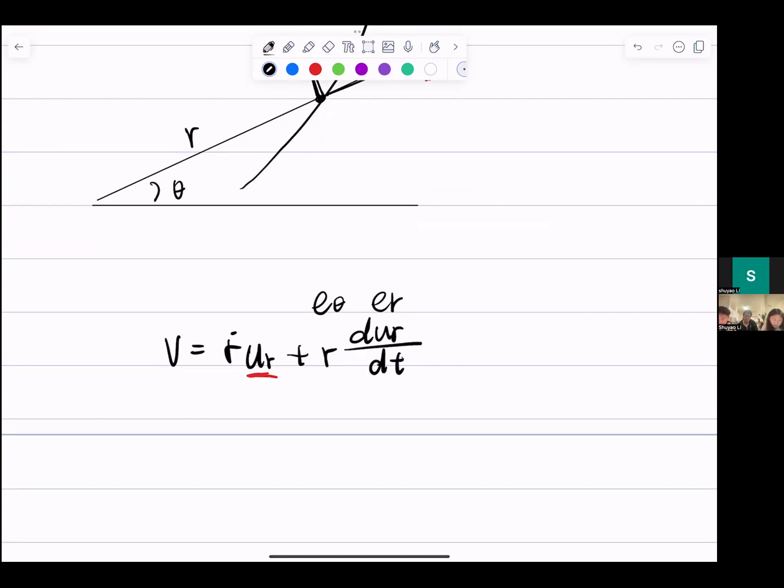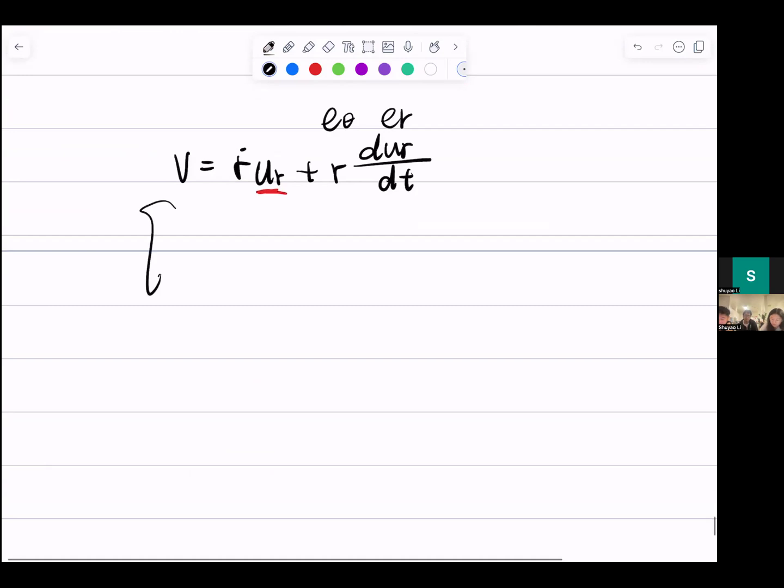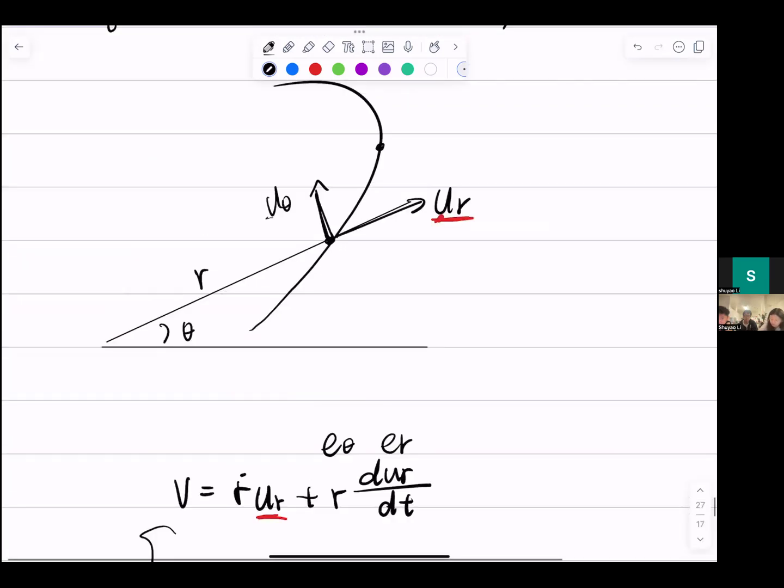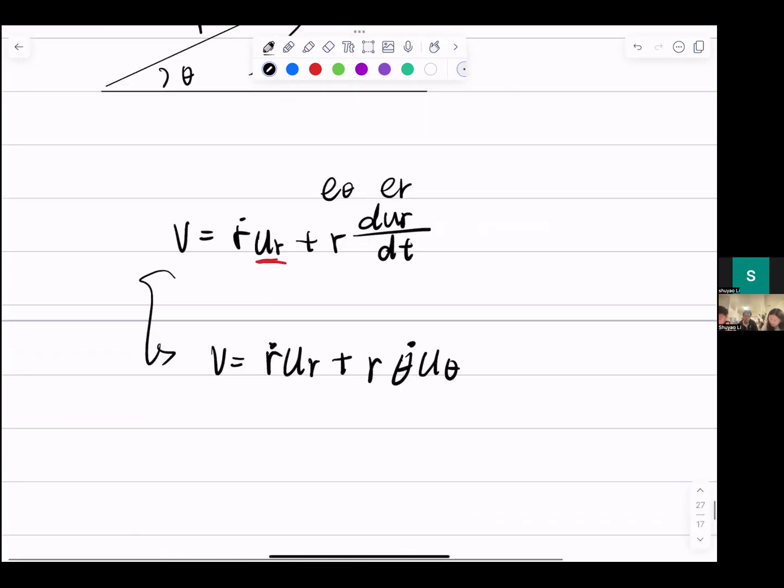Therefore, we can conclude that v equals r dot u r plus r theta dot u theta. The first derivative of theta depends on the function that they provide us.